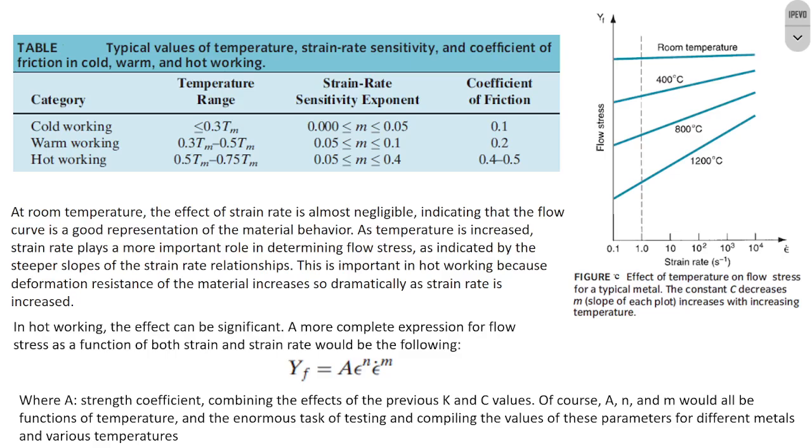To decrease the power consumption, it is a must to lubricate the contact surfaces. In hot working, a commonly used lubricant is glass, liquid glass. Using glass in the liquid phase, we decrease the friction and lubricate the contacting surfaces.